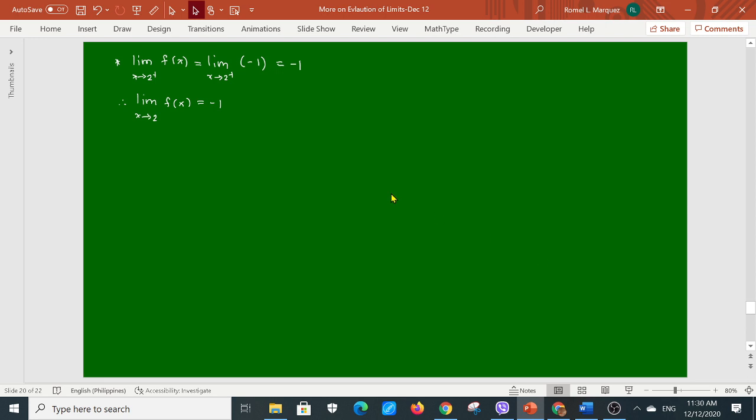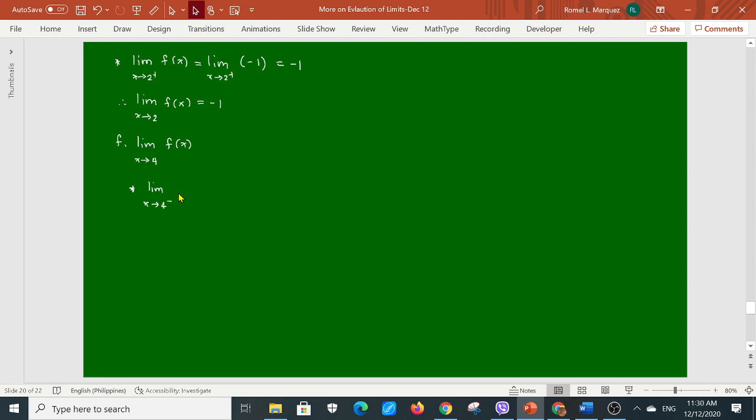Letter E. What about the limit as x approaches 4 of f of x? Again, because that is piecewise, there's a left and right, and that is an endpoint, unless it is in between, then you can immediately get the limit.